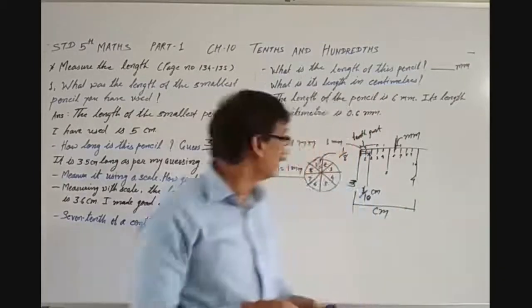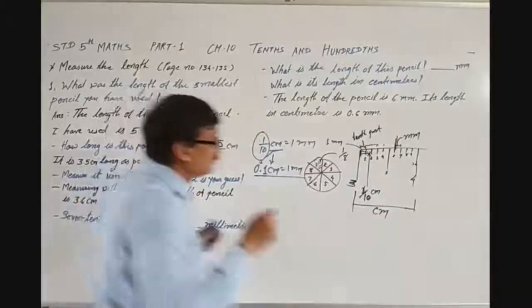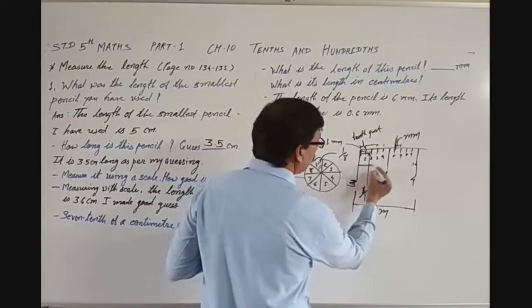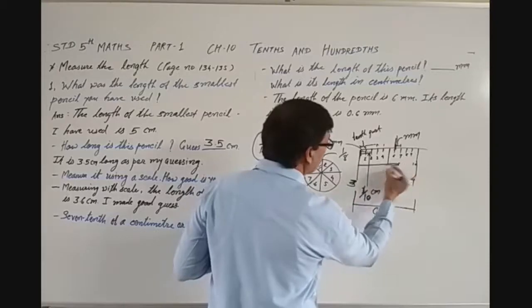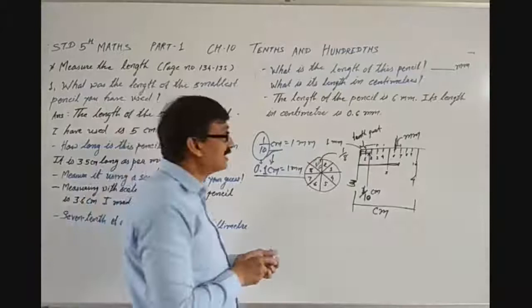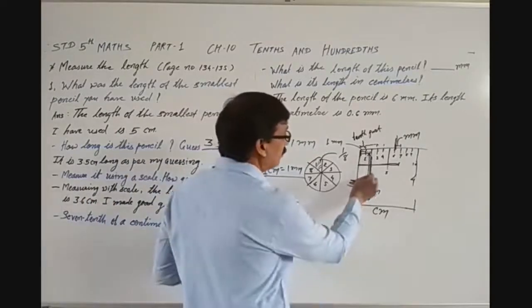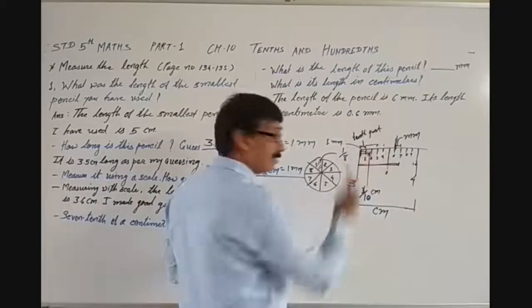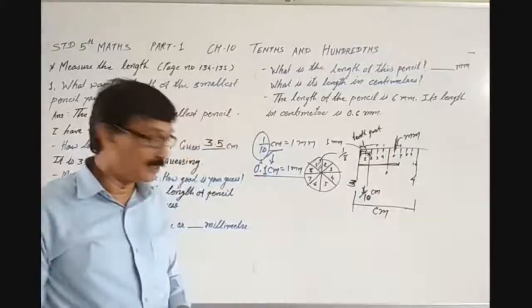Now 7/10 is what? This much. 7/10 is this much, isn't it? That is 7/10. But actually it is 7 millimeters. 1, 2, 3, 4, 5, 6, 7. It is 7 millimeters, isn't it?